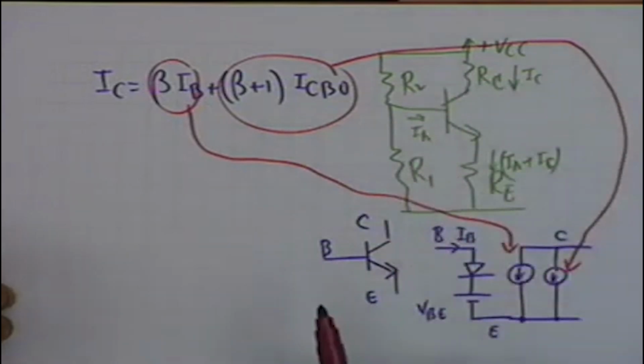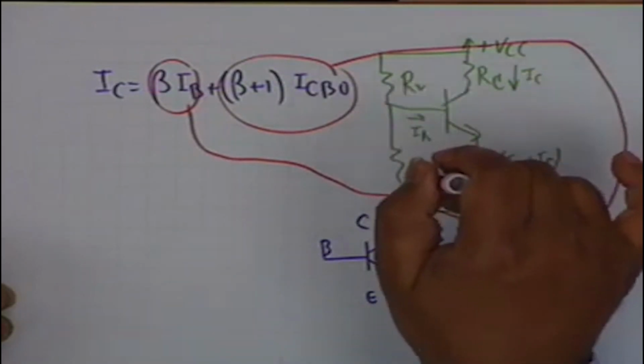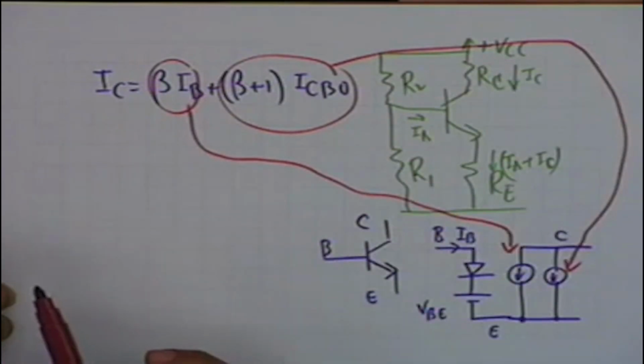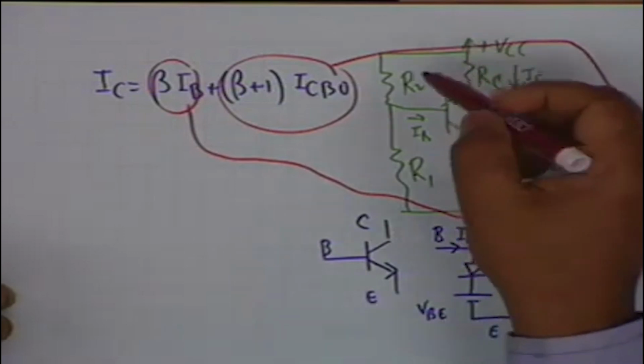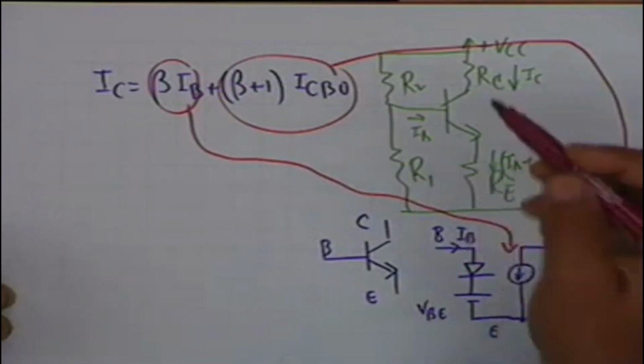You see, this branch consisting of R2 and R1 and VCC can be separated. That is, you can include another VCC here, it does not matter as far as analysis is concerned.